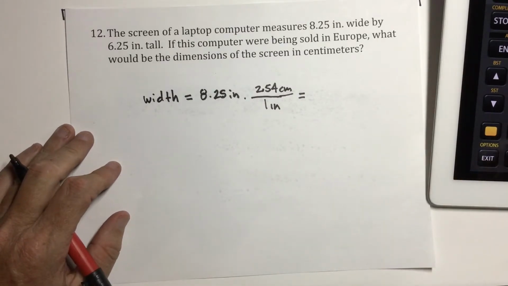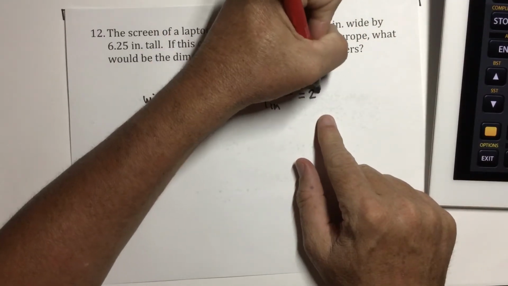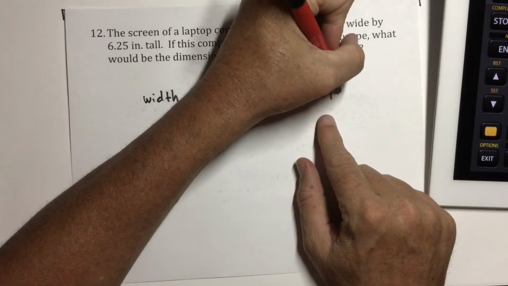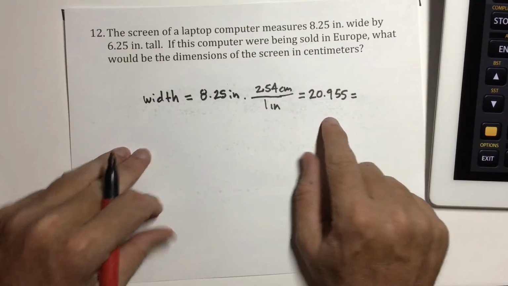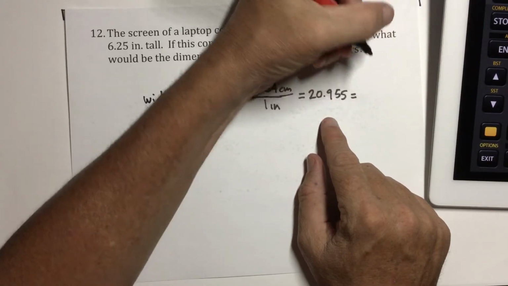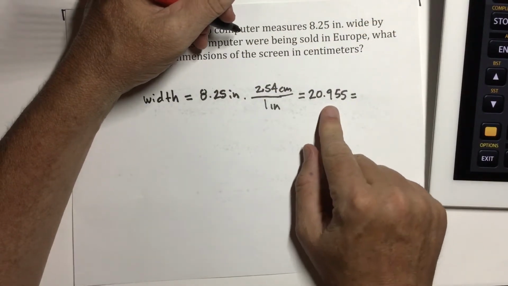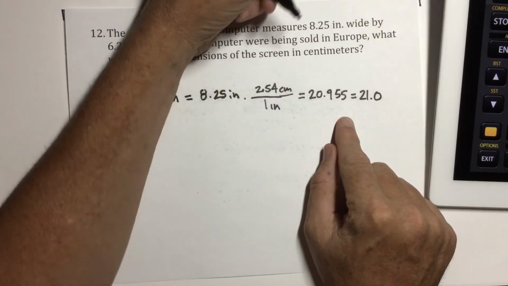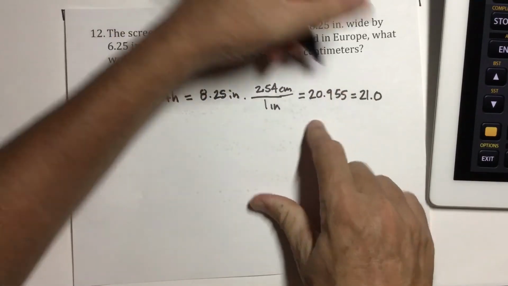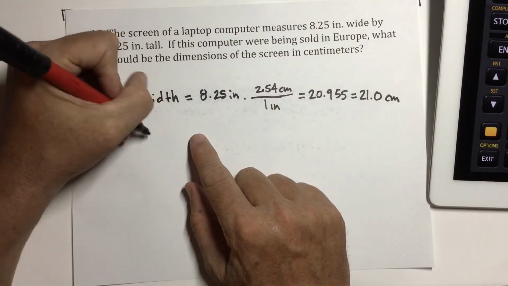So 8.25 times 2.54 comes out to 20.955, but I'm restricted to 3 sig figs, so this comes out to 21.0 centimeters. So the width is 21.0 centimeters.